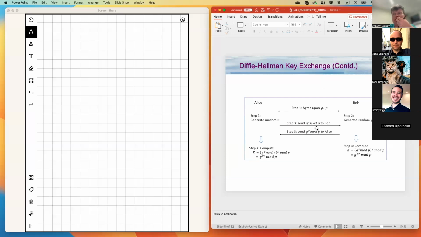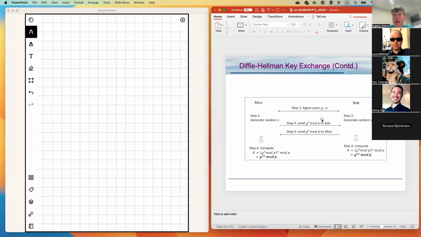To compute the shared key, Alice takes the number that she got from Bob and raises it to the power of X. Remember, she knows X because she keeps it secret. Nobody else knows it. They know only the results of the computations. And Bob does the same.